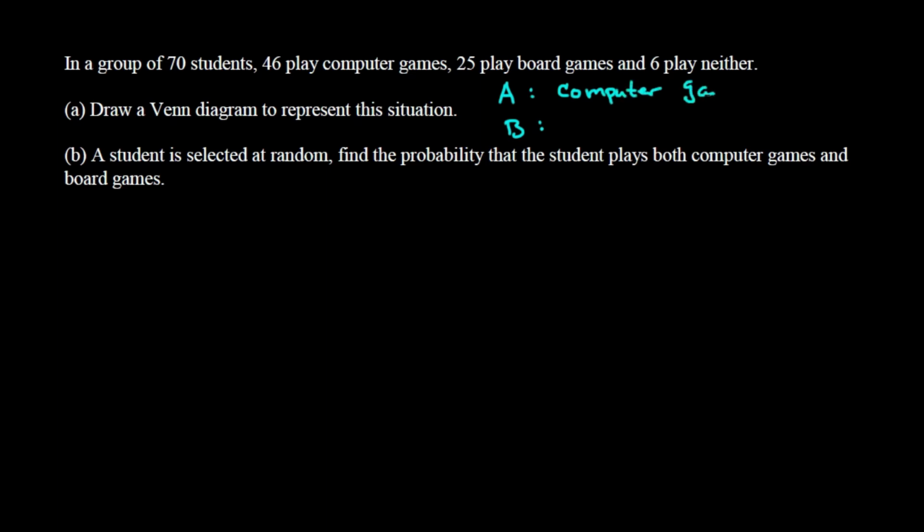And event B, of course, is the event that a student plays a board game. So of course, if we think about that, I'm sure we can find a student that plays both computer games and board games. And with the given information here, hopefully we find such students, because that's the probability that we're looking for in part B.